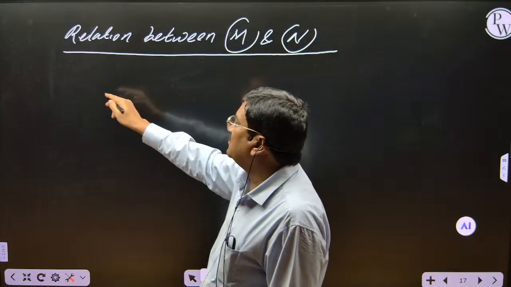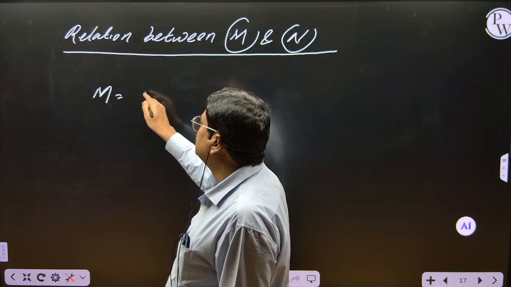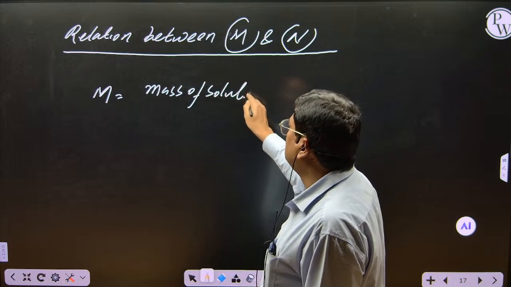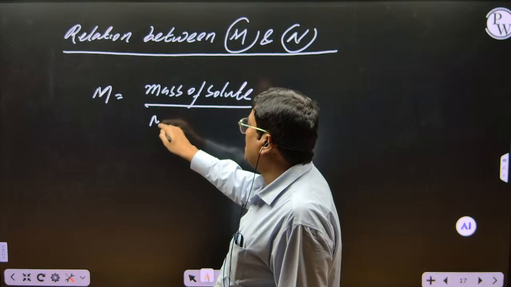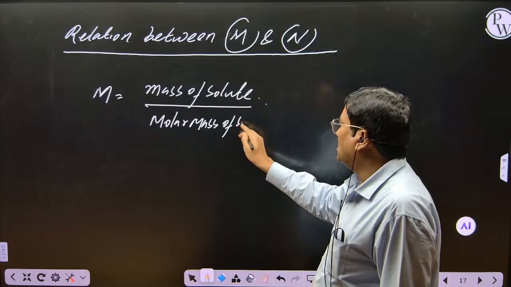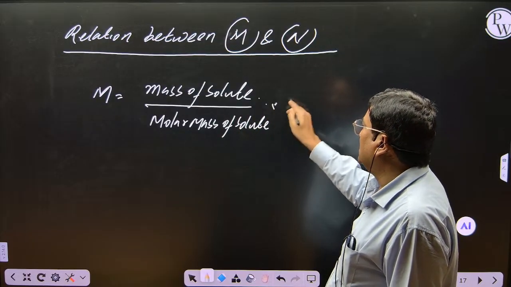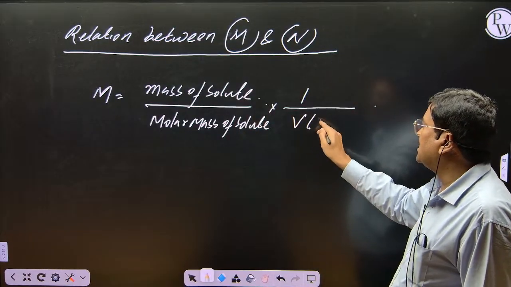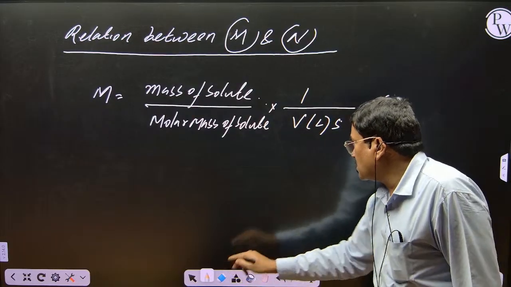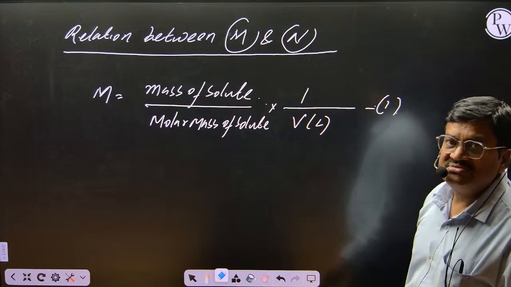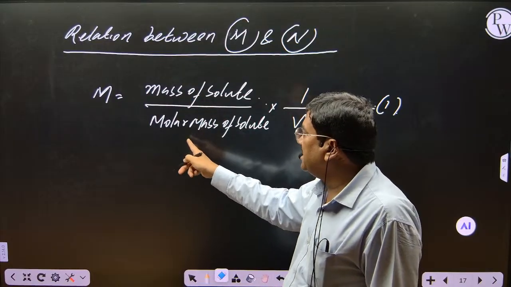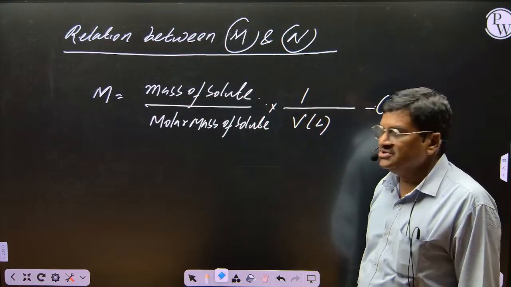Tell me, molarity, what did we write? Number of moles: mass of solute by molar mass of solute into 1 by volume of solution in liters. We wrote that. Correct? Check. Call this equation 1.